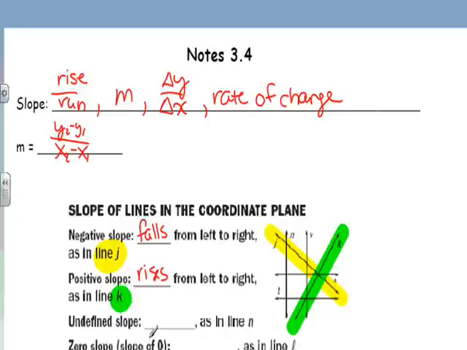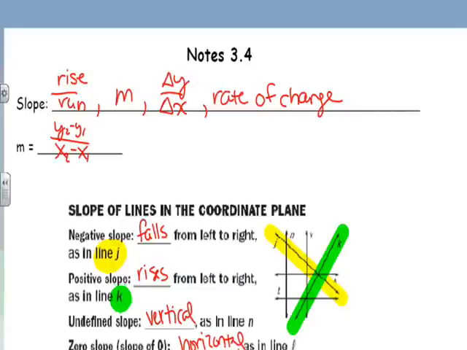So an undefined slope is the slope of a vertical line. All right, it is the straight up and down one, as in line N here. And a zero slope is a slope that goes nowhere. So the slope of zero is a slope for horizontal lines.